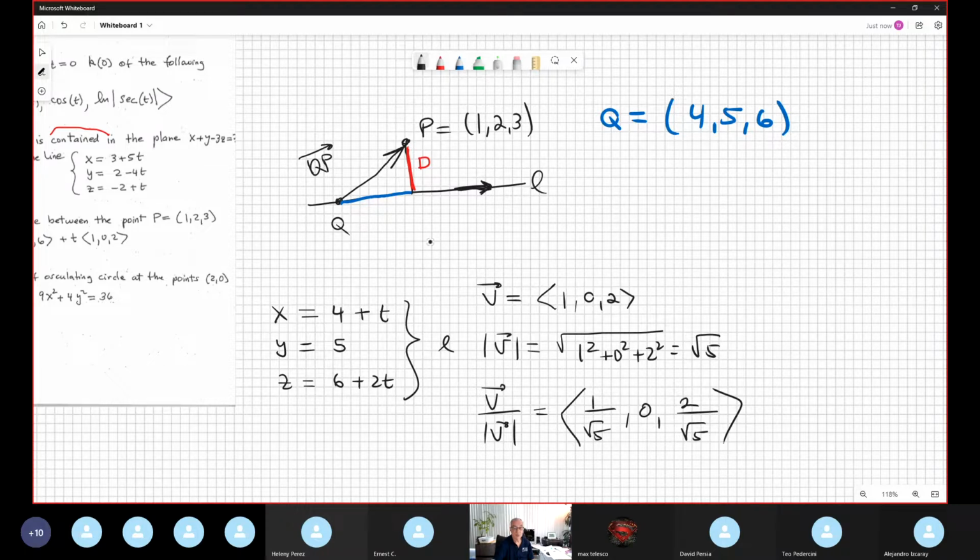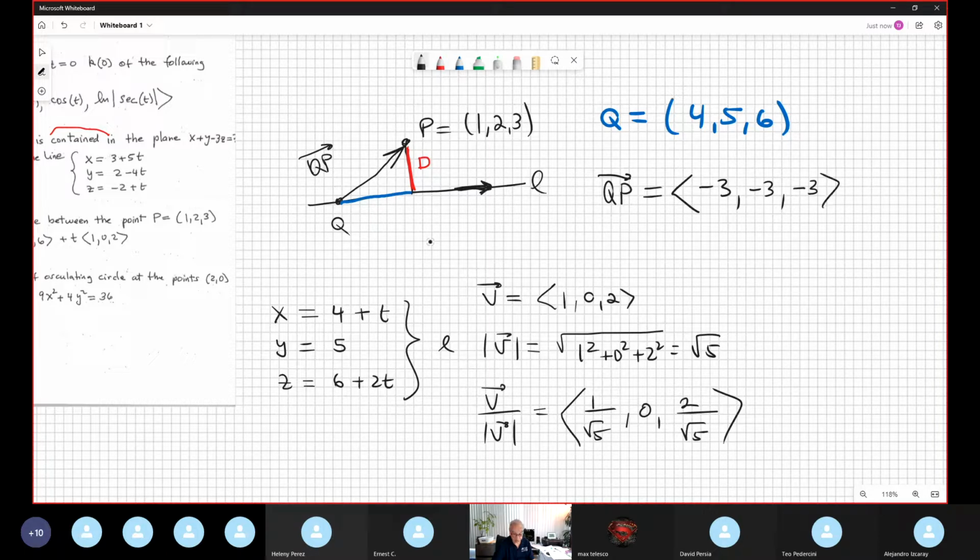Then the vector QP is subtracting: 1 minus 4 is negative 3, 2 minus 5 is negative 3, 3 minus 6 is negative 3. Wow.